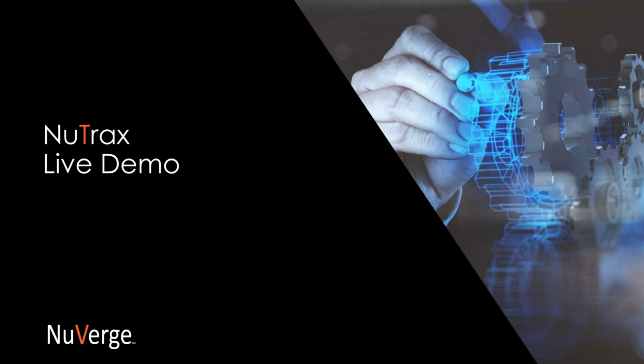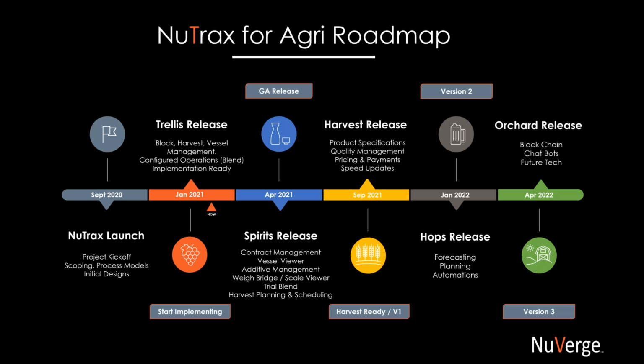We'll talk about that a little bit, but I also want to finish this up to make sure everybody, and we can always do a full live demo and we'll talk about that at the end. Our NuTrax roadmap here, again, we are well on track. We are implementation ready. I think the biggest message you should be aware of is that our product is ready to be implemented.